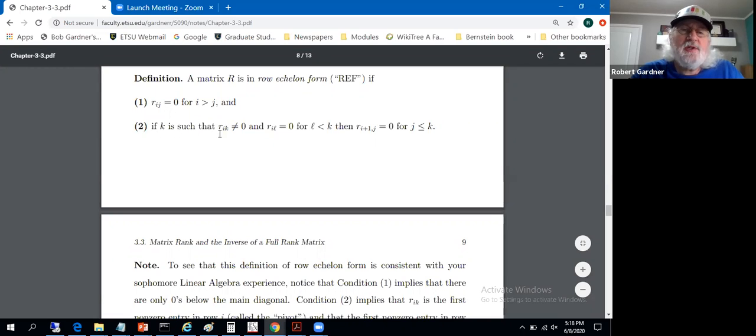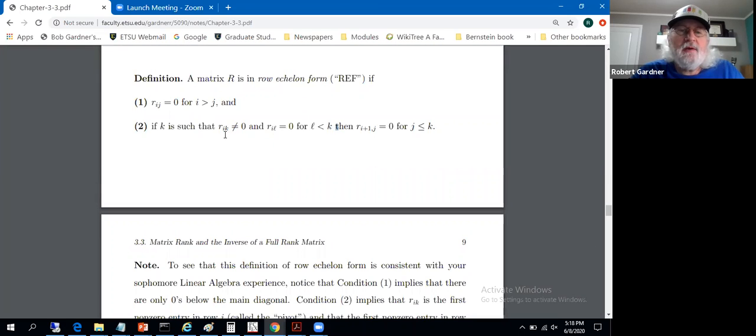If K is such that R sub IK is non-zero and R sub IL equals 0 for L less than K, stop there. All right, what does that mean? Means the kth entry in the ith row is the first non-zero entry. It means R sub IK is a pivot in the ith row, so that's their way of saying pivot.